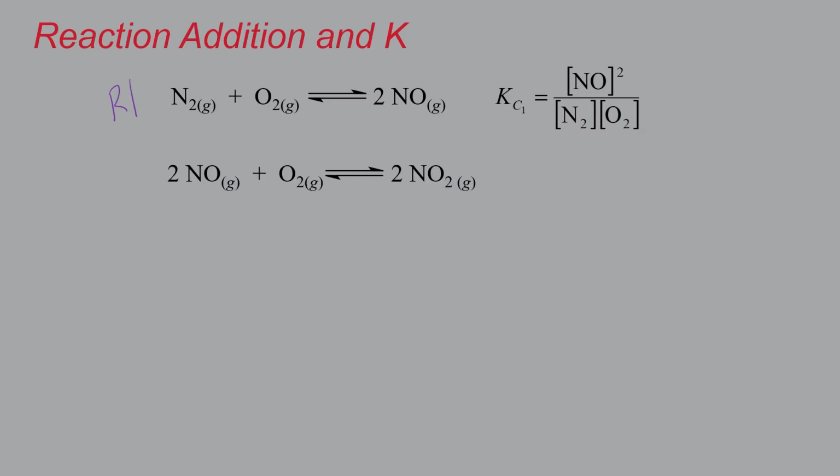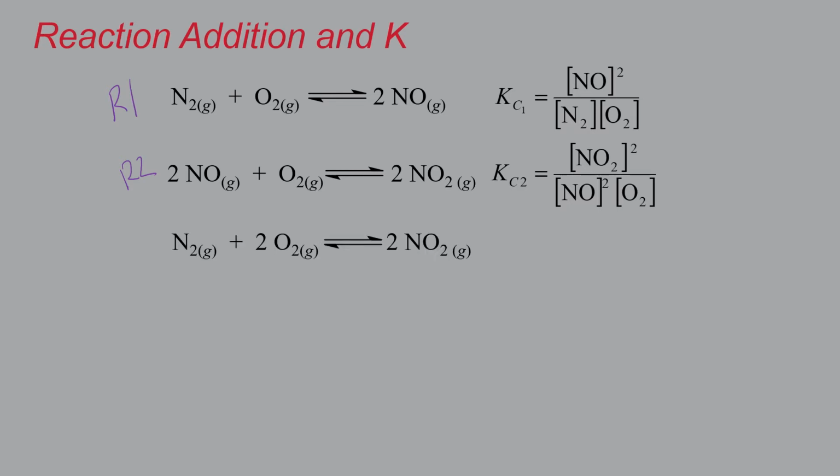And here's a second reaction, which I will call, surprisingly enough, R2. It is two nitric oxide molecules reacting with oxygen to form two nitrogen dioxide molecules. And that equilibrium constant should just be the concentration of NO2 squared divided by the concentration of NO squared divided by the concentration of O2.